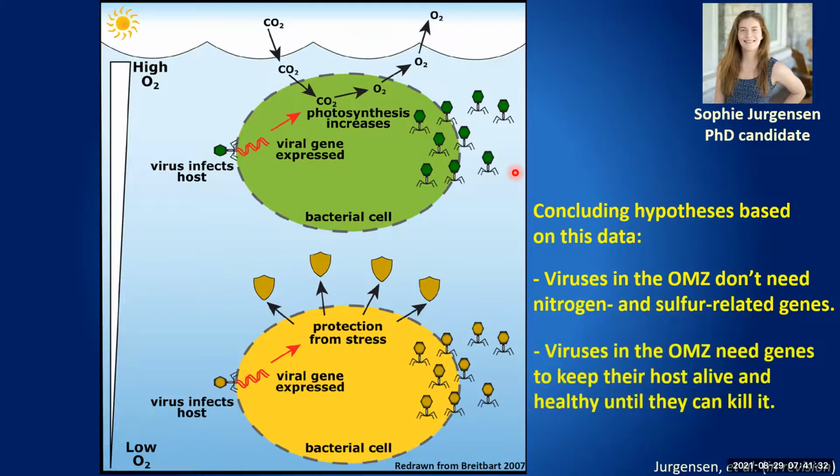Instead, they seem to have genes that are used to keep their host alive and healthy up until they can kill it. So Sophie has illustrated that here by showing these shields, this virus expressing genes that will protect its host from stress up until the point that it can replicate enough viruses and then kill the host. So this could increase the fitness of that virus within oxygen minimum zone regions.